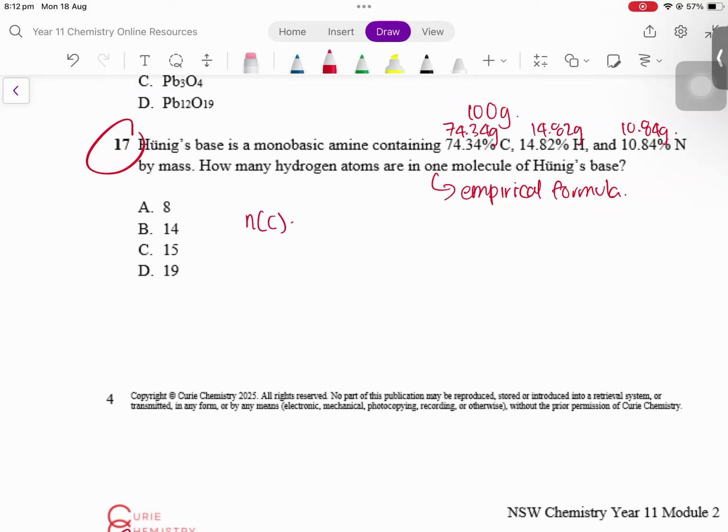So moles of carbon first, 74.34. Who has the molar mass of carbon memorized by now? You've been doing this for ages. 12.01, good. 12.01 grams per mole. Tell me what you get for carbon. Who has the molar mass of hydrogen memorized by now? Come on.